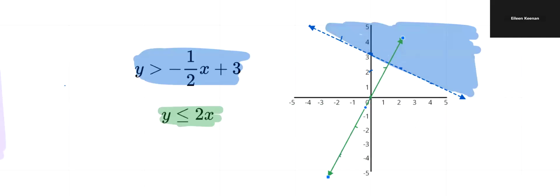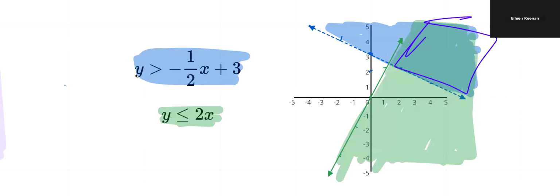All right, now we just have to shade. So I'm going to shade in green, and it says less than. I'm going to shade below my line. Okay, so all this. So once again, I do only want to keep the overlapping part, which is this part up here.